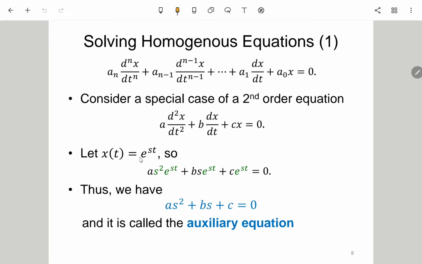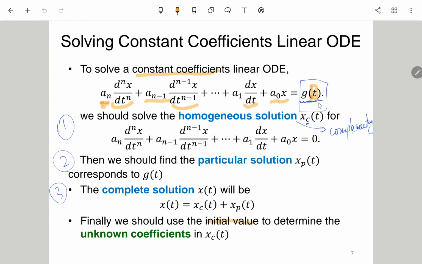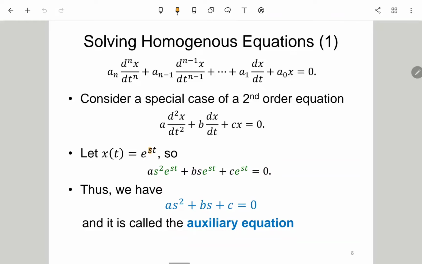We assume this solution has the form of exponential to the st. S will be an unknown variable, and t is the independent variable. We assume we are very lucky, so we assume the correct form.